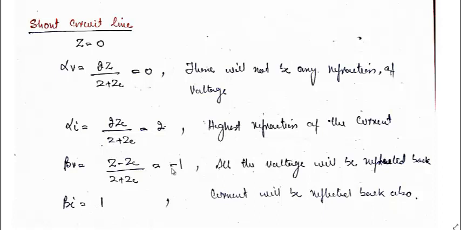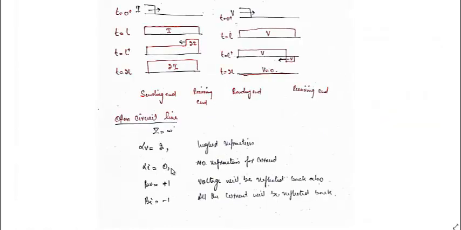I will try to show you pictorially so that it may be slightly easier to understand. Here x is equal to 0 at the sending end, and the length of the line is L. We assume that current and voltage are of step wave nature.